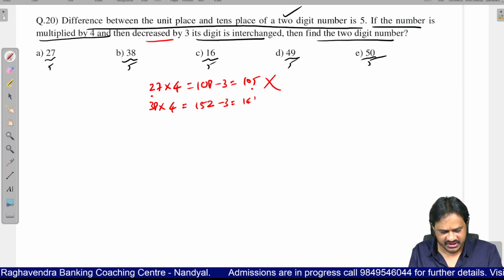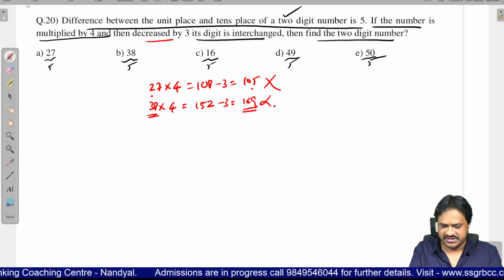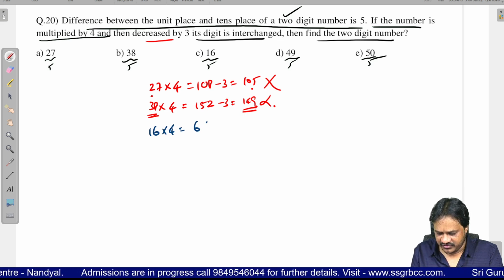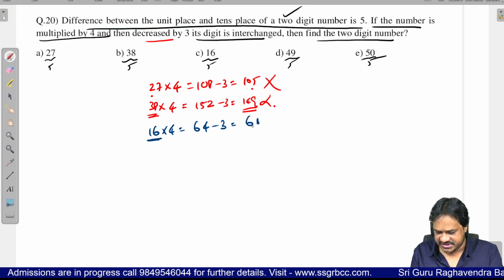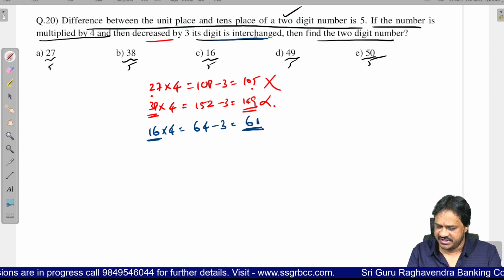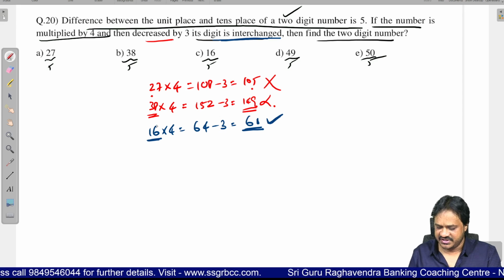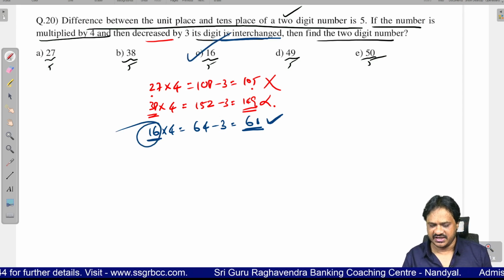Minus 3, we will get 149. Is 149 the reverse of 38? No. See the third option, that is 16. What is 16 into 4? 64. If you do minus 3, you will get 61. So 16 is becoming 61. That means the digits are interchanged. The two conditions are satisfied here. So what is your answer? 16. Option 3 is the correct answer.